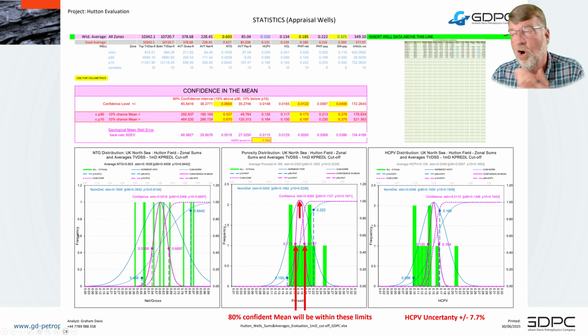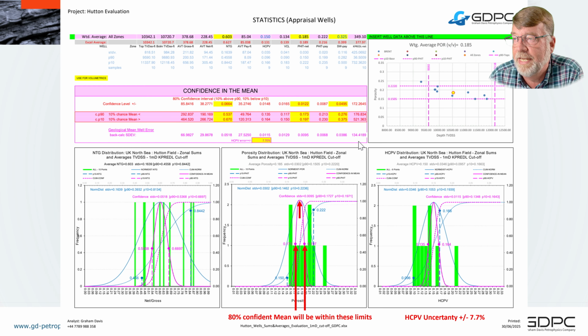And a common issue that I also see is that engineers in particular and geologists, they just look at tables of numbers and they just do the stats on them, and they just do the maths, and they don't really look at what the data is telling them. So if you cross plot the data, porosity versus depth in this case, you can see there's quite a clear depth trend in this data.